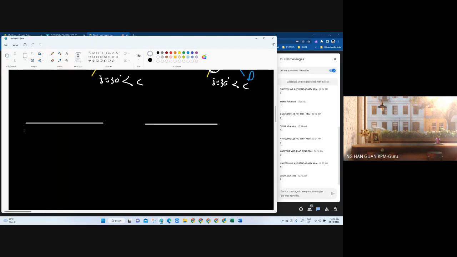Same as just now, I have the medium X, medium Y. Here is A. So now I increase the angle. Now I make all the angles 35 degree.